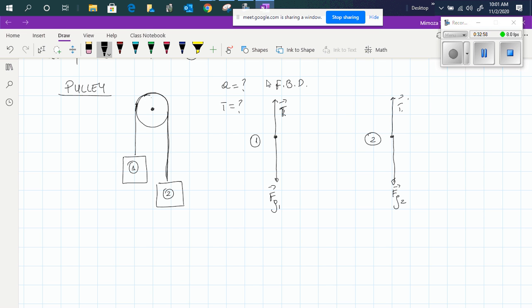Okay, now if we put some numbers here, let's say that weight 1 is equal to 15 newtons and weight 2 is equal to 30 newtons. So based on this, we choose a direction in which the system is moving.